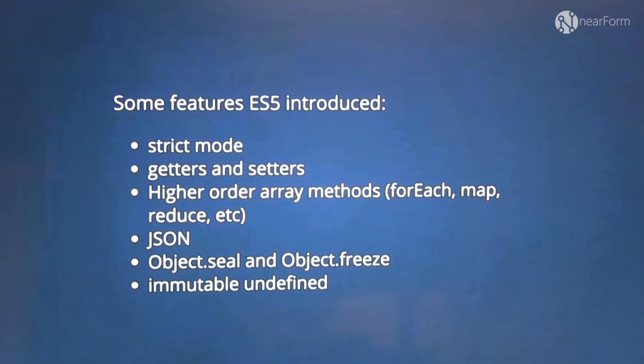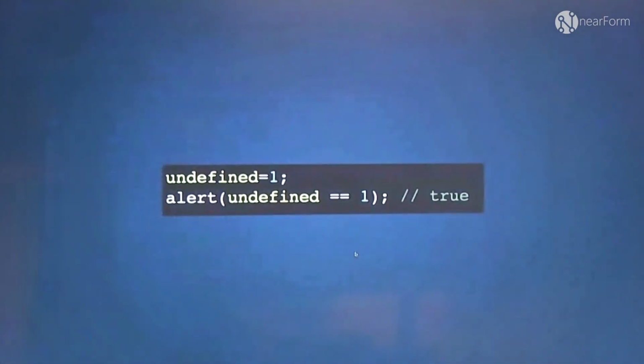And last, one of the worst parts of the previous versions was that you could change the reference to undefined. So for you to have an idea what that means, if you wrote this code in previous versions of ES5, it would be okay, right?